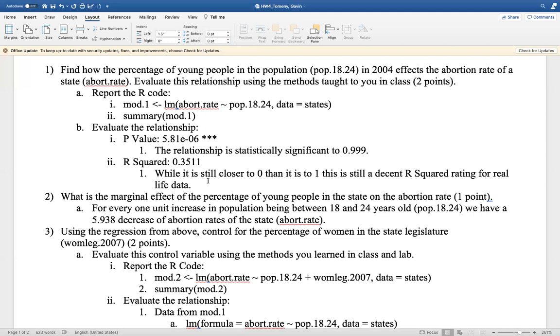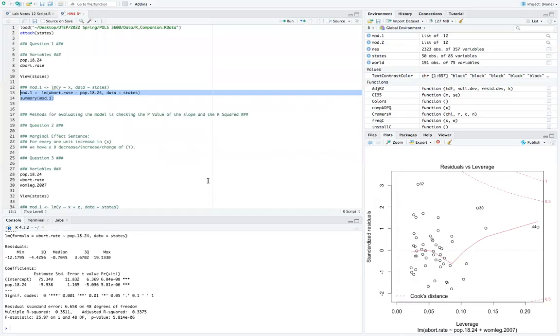What you're looking for is a verbal expression of what the slope is doing. So right here, under this estimate or the coefficients, this one that is the intercept, that is the y-intercept. We're not super concerned about that unless we're writing out equations.